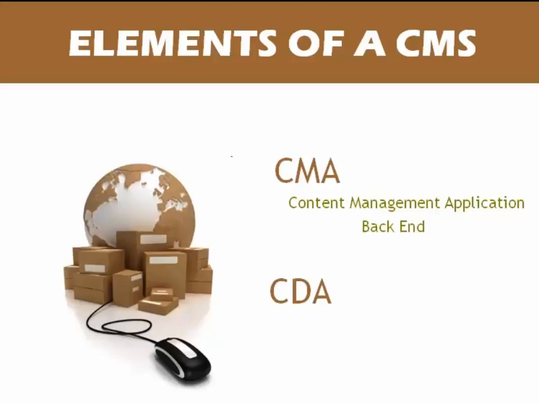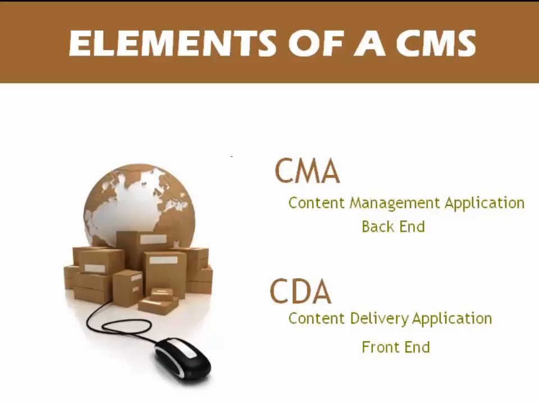Now the CDA, content delivery application. The content delivery application is the visible site that members of the public can see. Everybody that comes to your website will have access to the content delivery application, because that is where you deliver your website. That's where you deliver your contents. The content delivery application is also known as the front end.